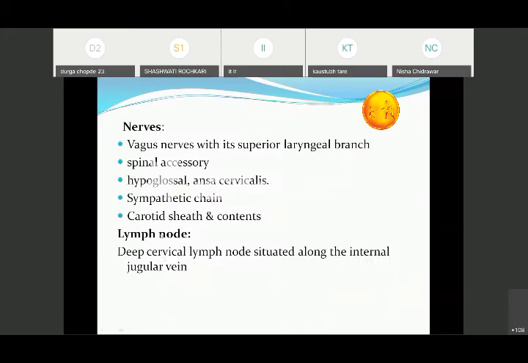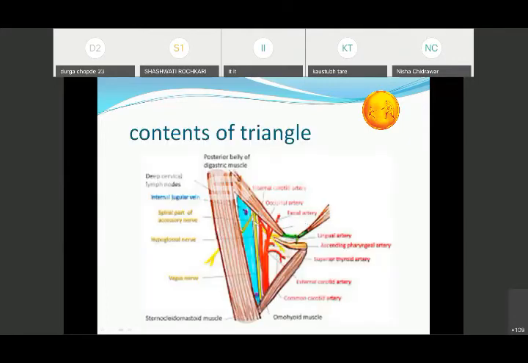Then the nerves. So the vagus nerve with the superior laryngeal branch. This is the vagus nerve, which you can see in yellow color, and this is the superior laryngeal nerve branch. Here you can see the spinal accessory nerve.